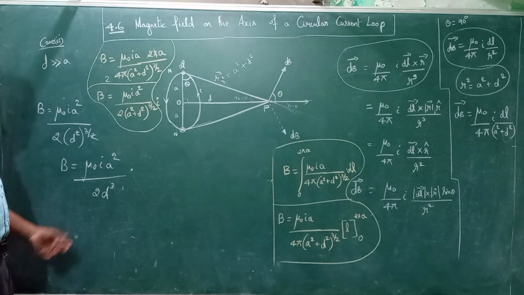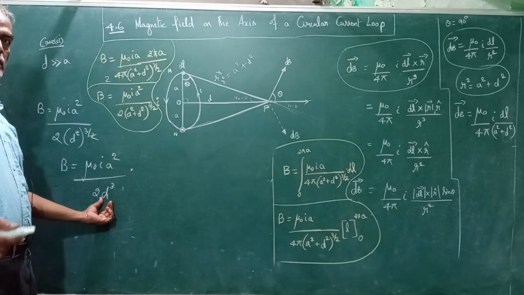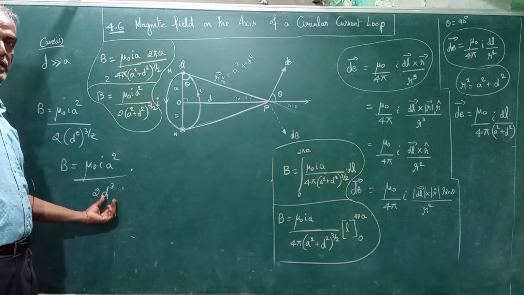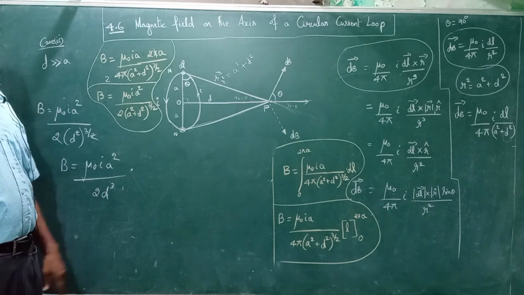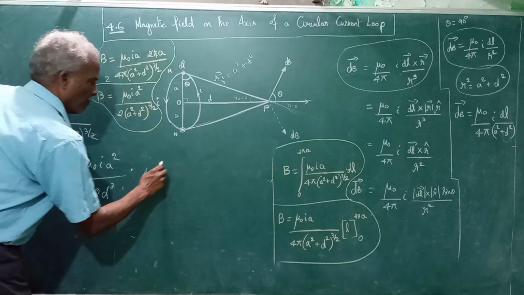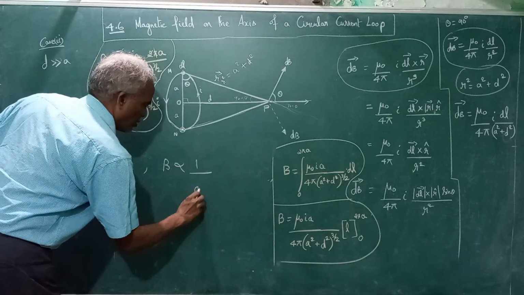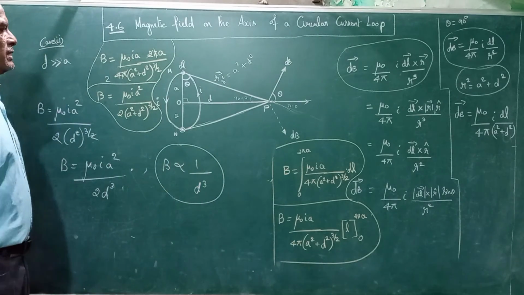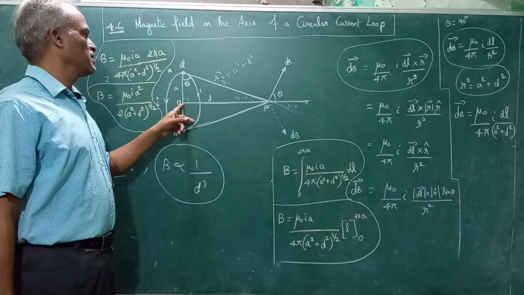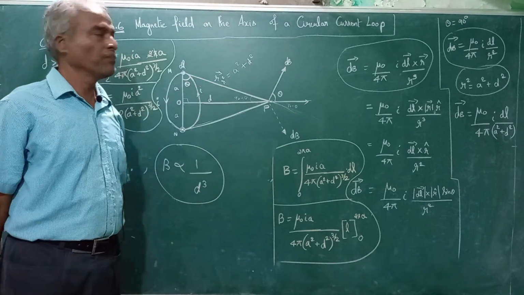That is, if this is going to be 10 meters, 10 into 10 into 10. So that means this value will be very high. Therefore, magnetic flux density greatly decreases. That is, magnetic flux density is inversely proportional to d cube. This is very important. So that's where d is the distance between the center of the circular loop and the distant point. It is at very far.